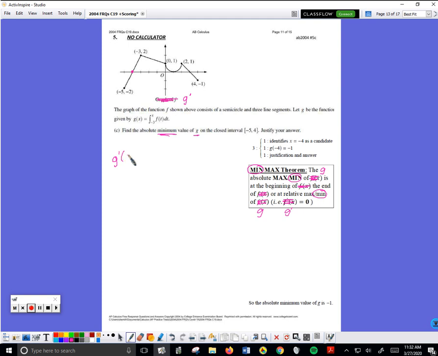G prime, because we have to justify our answer, changes negative to positive at x equal negative 4. So G has a relative min at x equal negative 4.